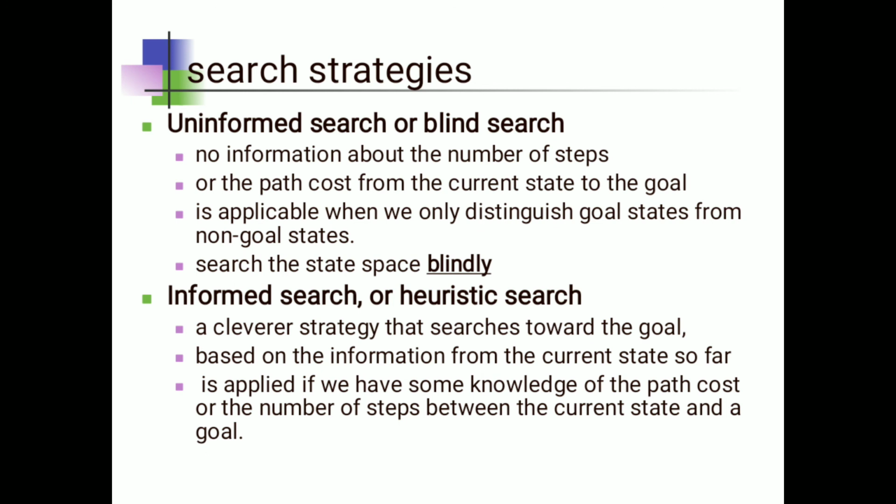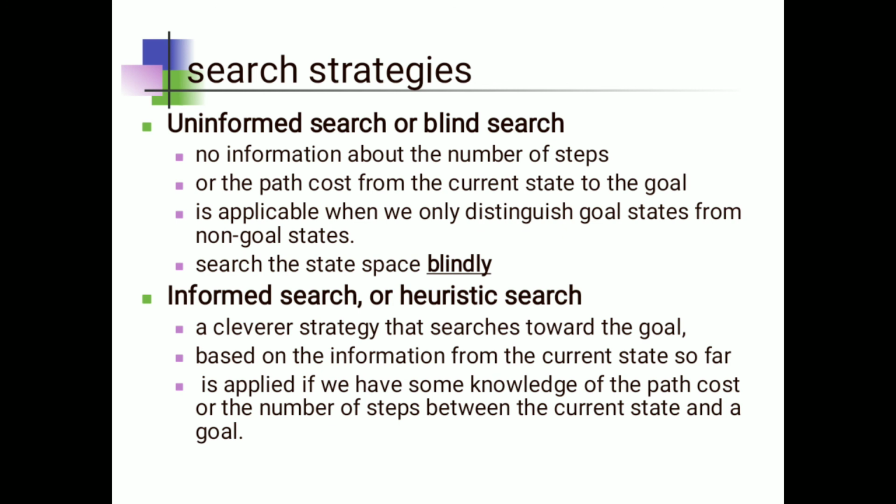If we have some knowledge of the path cost or the number of steps between the current state and the goal state, so here we have some information about how many steps it will take to reach the goal state from the initial state, and what my path cost can be to reach from the initial state to the goal state, then this information is used in an intelligent, clever manner to apply the searching techniques.